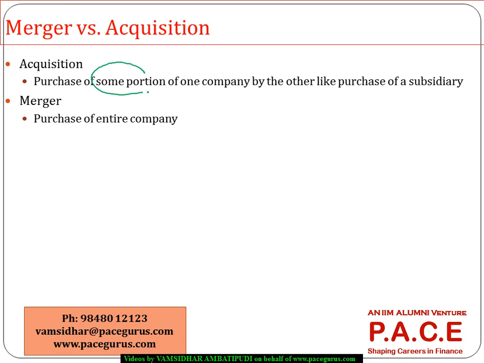Whenever I am trying to purchase some portion of a company, could be one business unit or one subsidiary of the company, not the whole company, one single branch, or some specified assets of the company being taken over, we call that an acquisition.